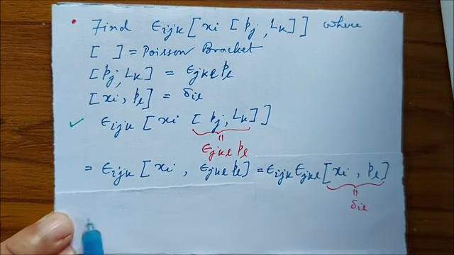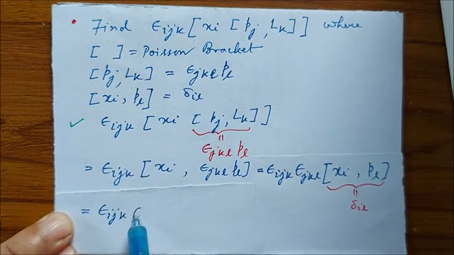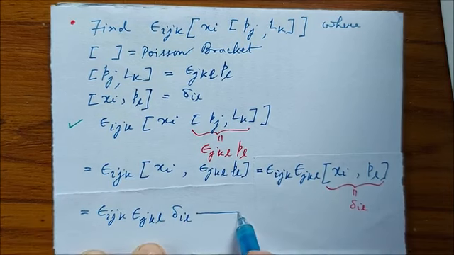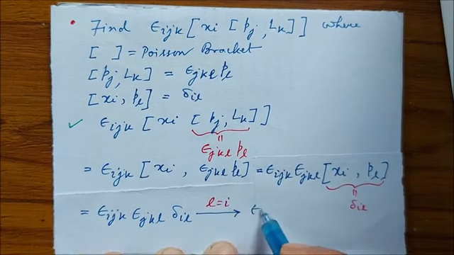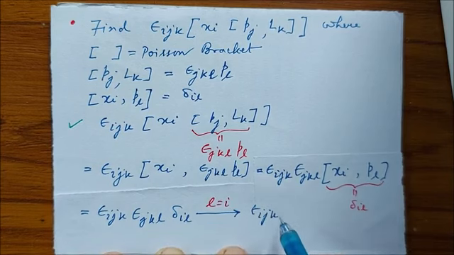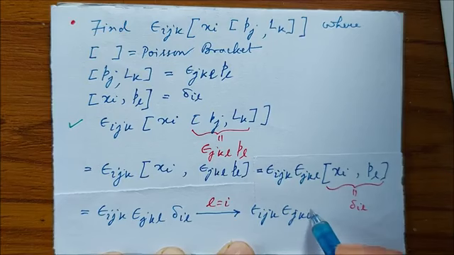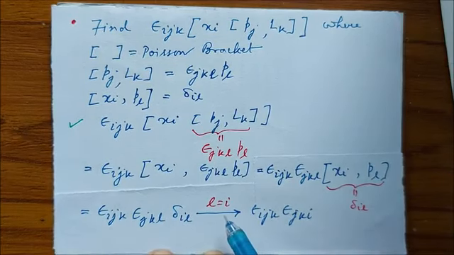So with this, the expression becomes into Kronecker delta il. L equal to i, we have epsilon ijk into epsilon jki, because all other terms corresponding to l not equal to i are 0 because of this Kronecker delta il.